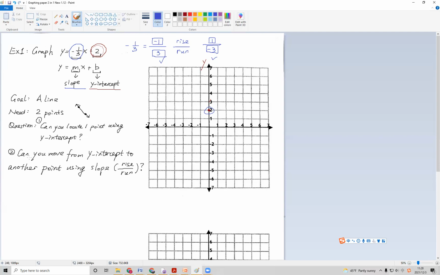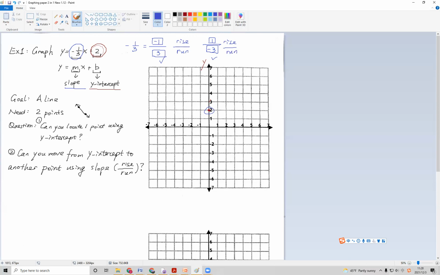So let's come back to this question one more time. Can you move from the y-intercept, this point, to another point using rise over run? So let's try it. I want to take this one first. I want to use 1/-3 as my rise over run. So my rise would be 1. My run will be -3, right? So from this first point, I'm going to do rise first.